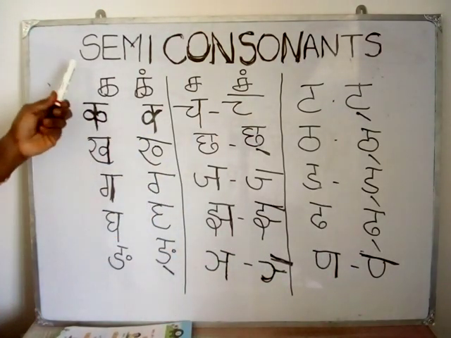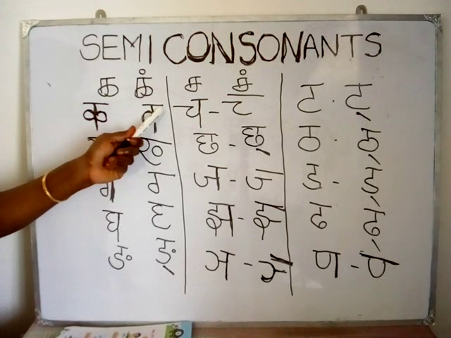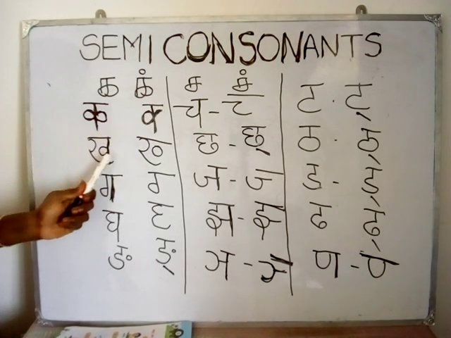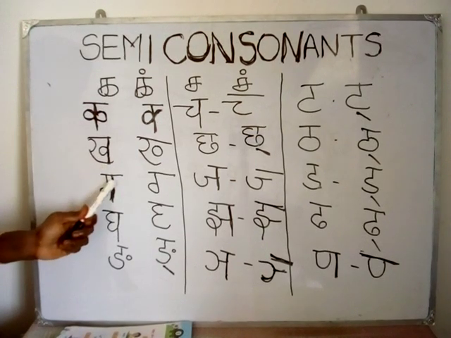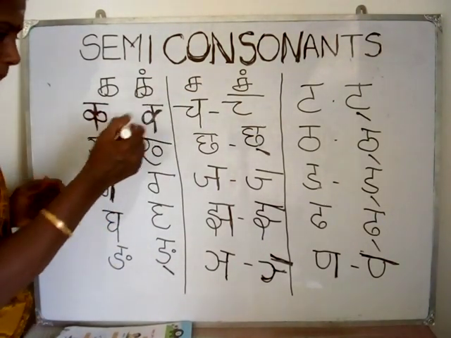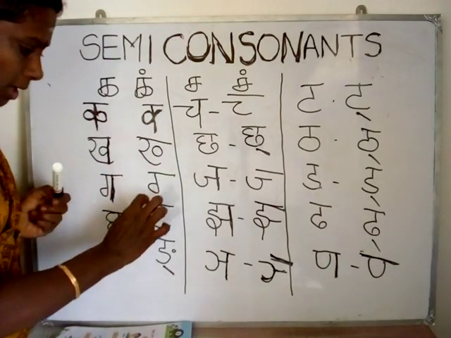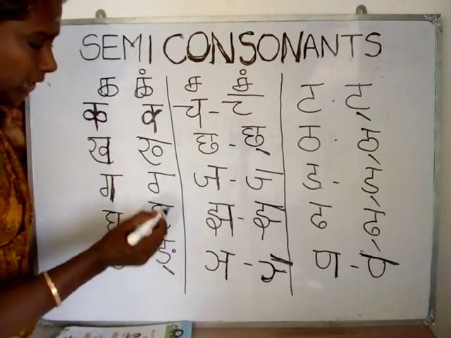Once again I am telling, for ka you have to stop this line up to this one. You have to remove this long line. But for all letters, you have to put this sleeping line. This is called sirreka.